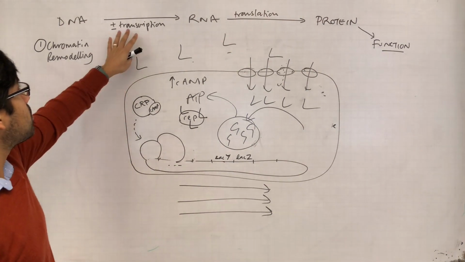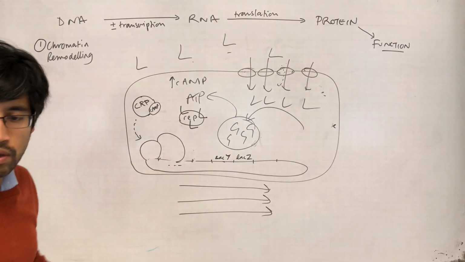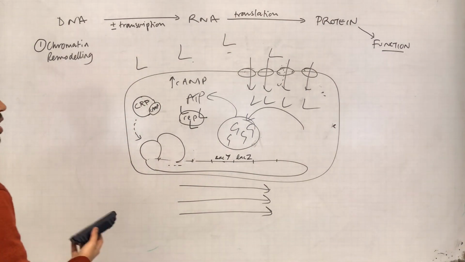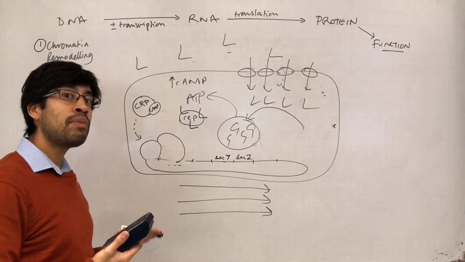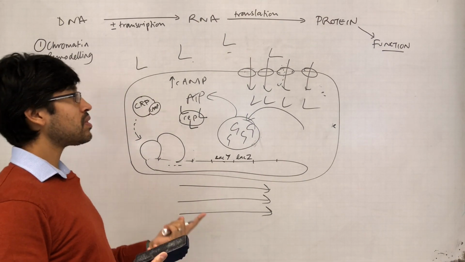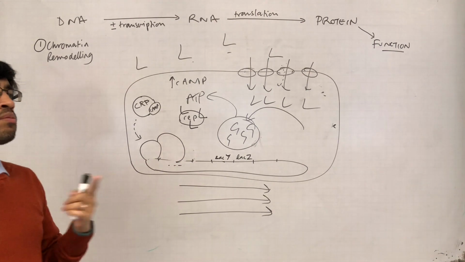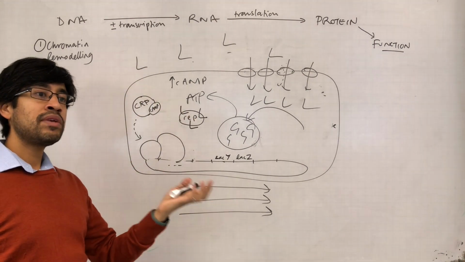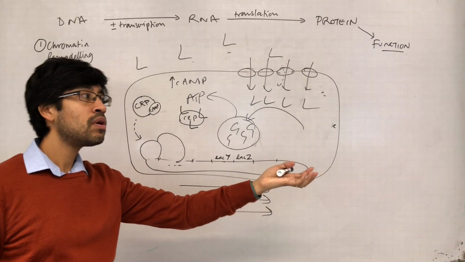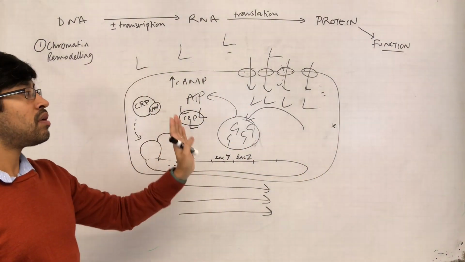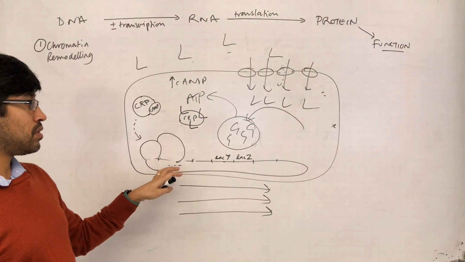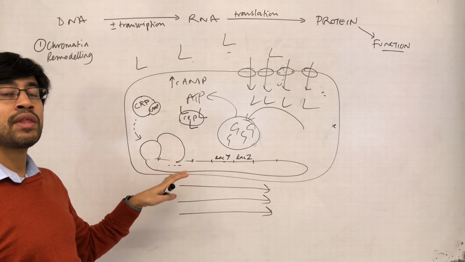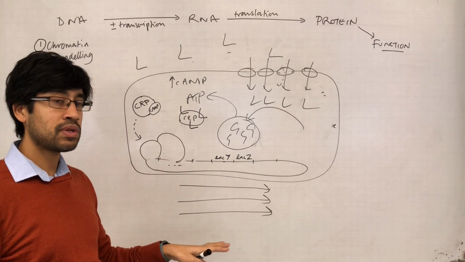So that's another mechanism by which we have controlled transcription, the idea of DNA binding proteins, which can either recruit RNA polymerase and increase transcription, or block RNA polymerase from binding the DNA and thereby reduce transcription.